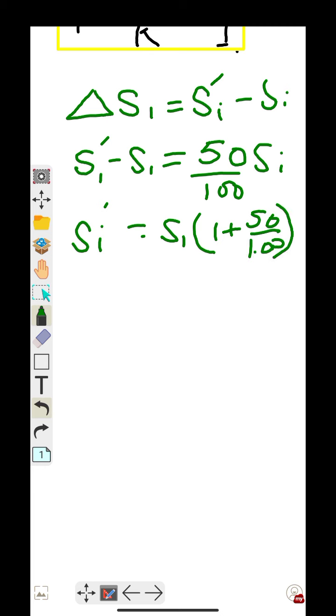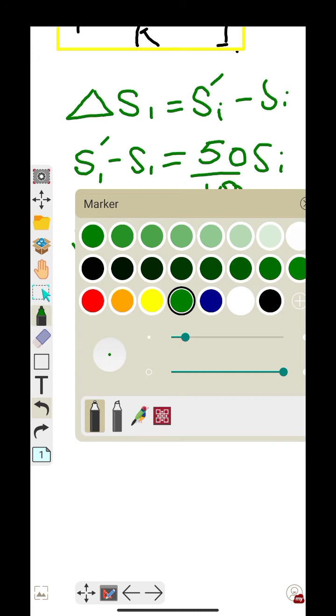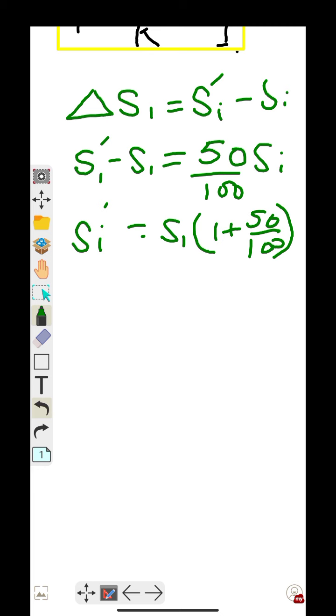Upon simplification it becomes SI dash equal to SI into 3 by 2.